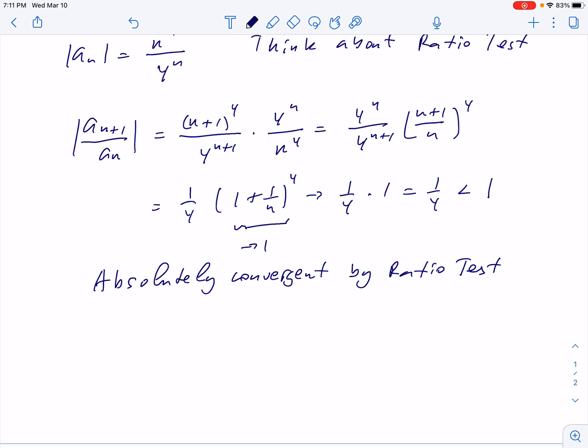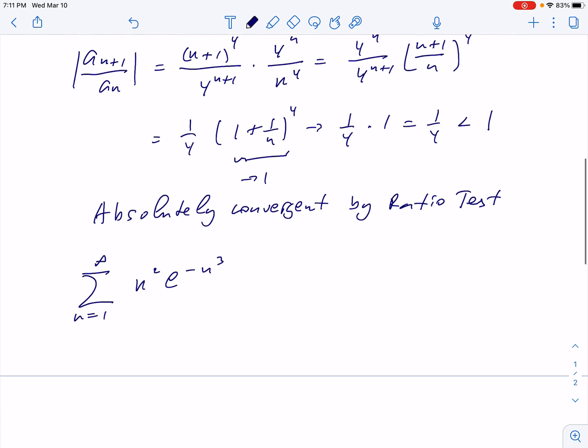Going to the next example, we have this series n squared exponential negative n cubed, starting from 1 to infinity. Such a strange series we have seen before with the integral test. So we again think about the integral test.